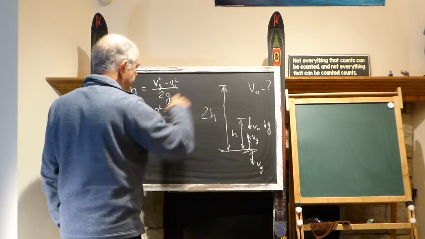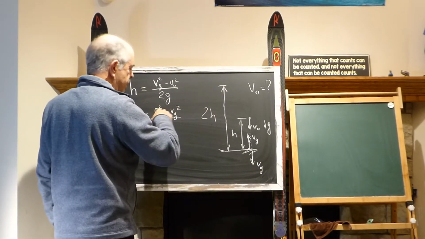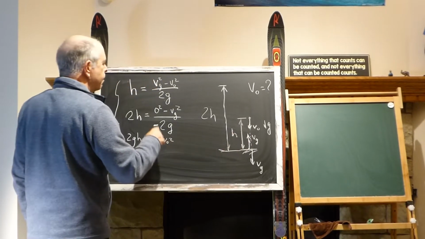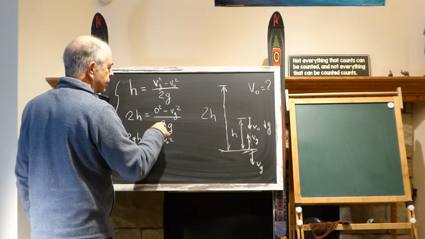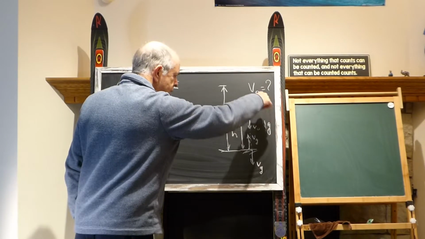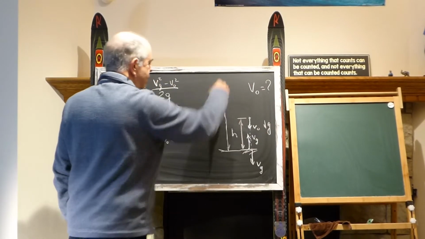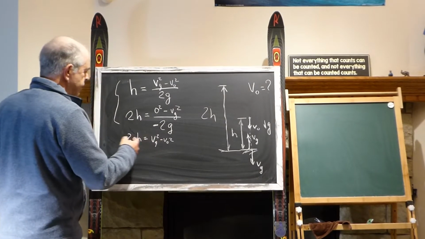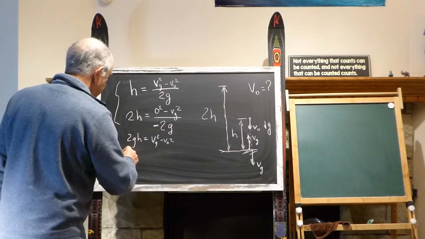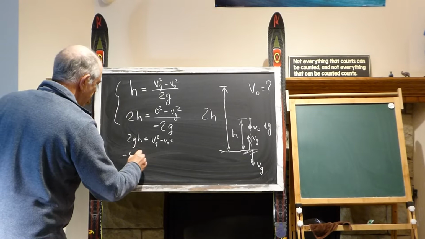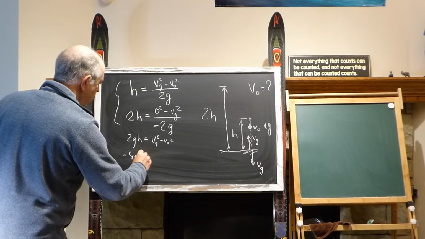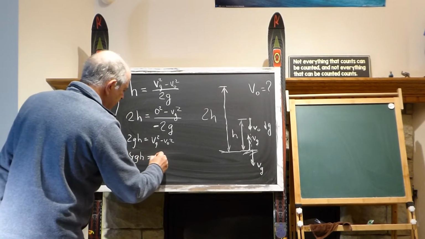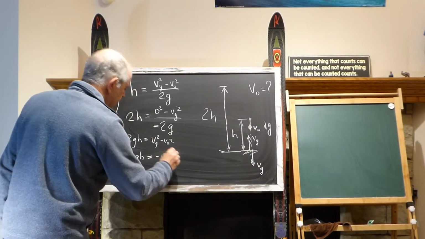This is final, which is 0, minus initial, which is this way, right? And then it is g, but g is directed against, so it's deceleration. So this would be the formula for the first one, and this would be the formula for this one, and it would be minus 4gh, 2 by 2gh, minus equals minus v0 squared, right?